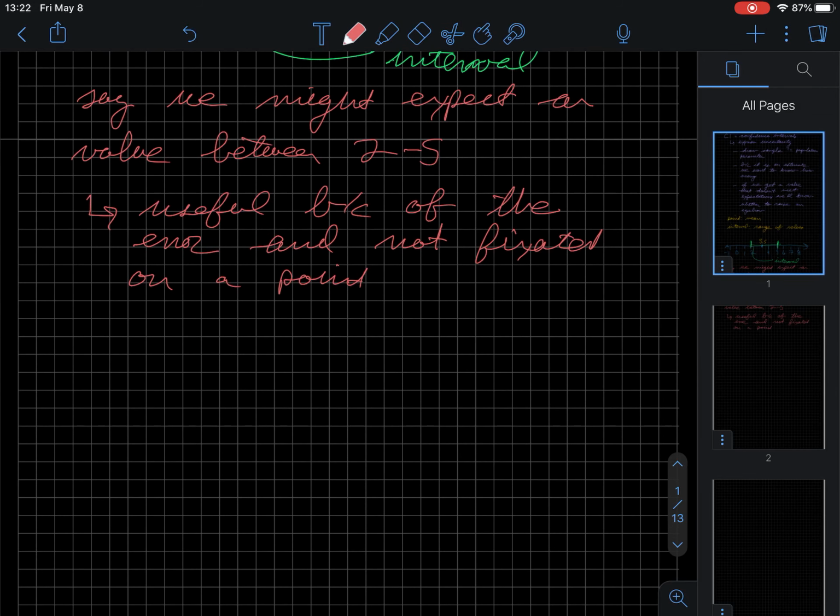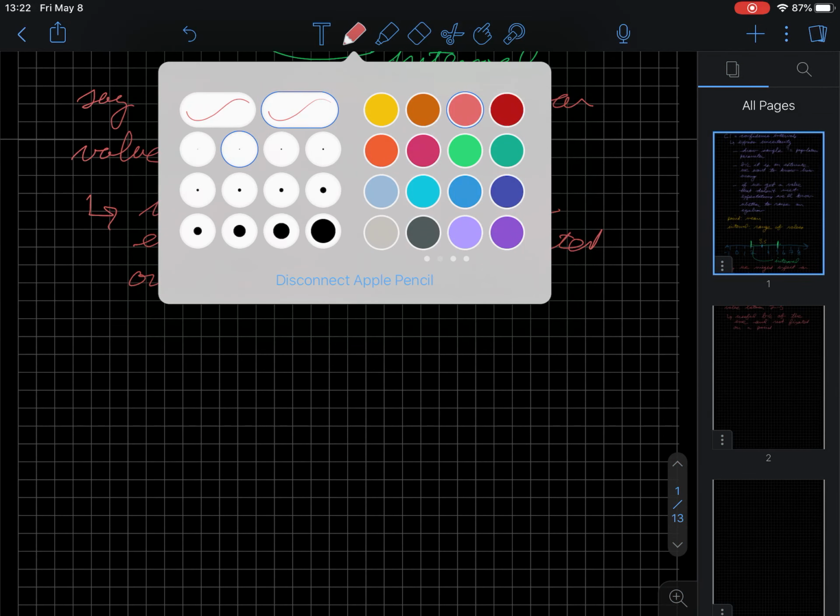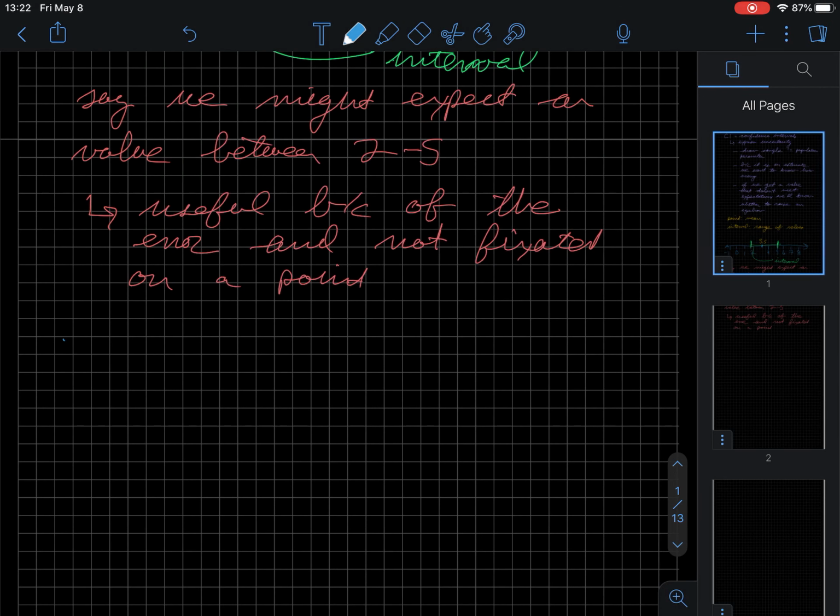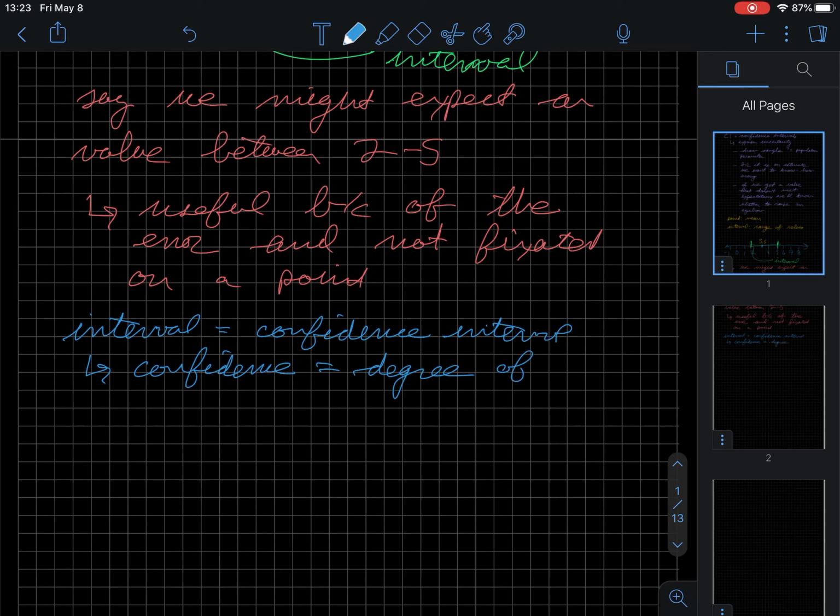Because of this, the interval that we were just talking about is known as a confidence interval. And more often than not, the confidence is going to be our degree of certainty.